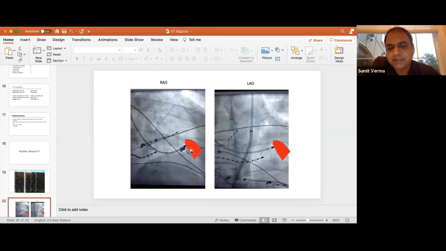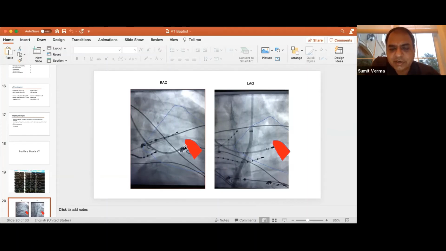So you can also have fascicular VT coming from the fascicle that goes to each papillary muscle. So you can have similar morphologies. The difference being that the fascicular VTs are narrower, the QRS is not as wide. The papillary muscle VTs are wider because they're using myocardial fibers to conduct and not Purkinje fibers.